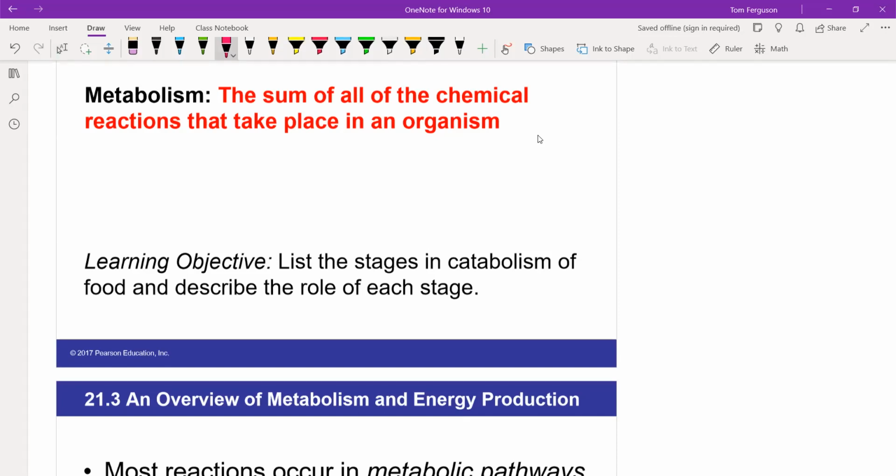There are two processes that go on: catabolism and anabolism.